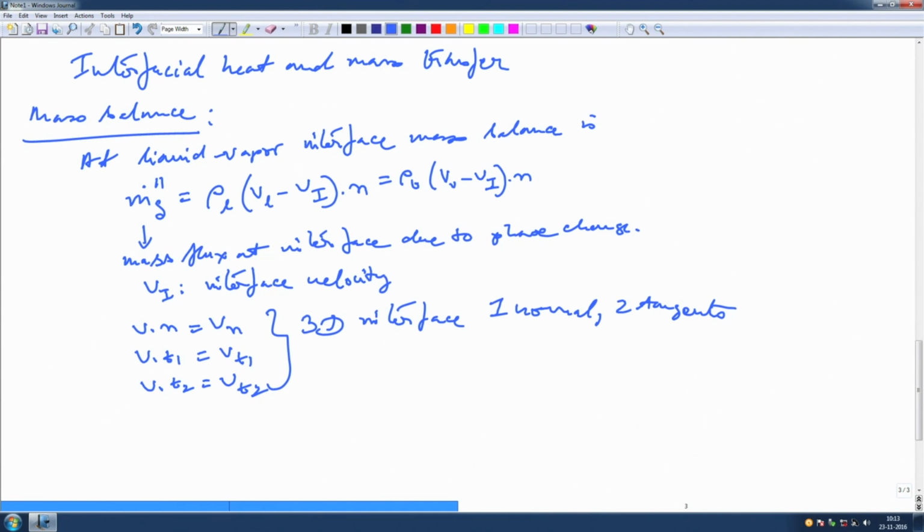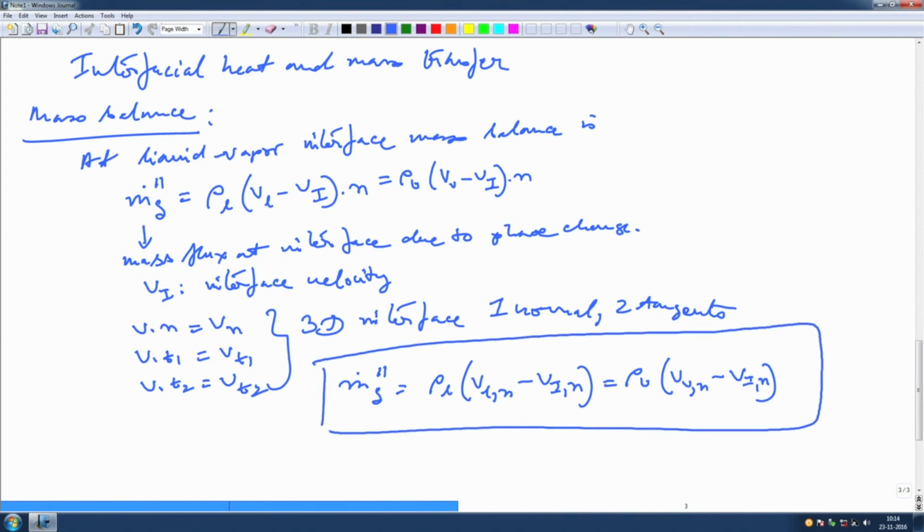So, now the mass balance, therefore, is rho L (VLN minus VIN) equal to rho V (VVN minus VIN). That is what we have in terms of the mass balance, and we have included the 3D nature of the interface by combining all these terms. That is the mass term.